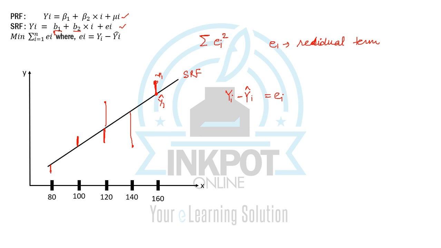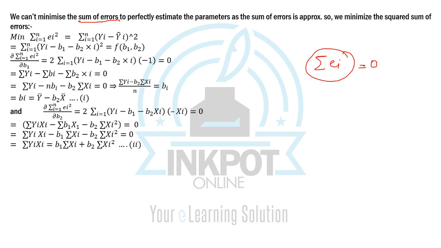So when you just add these values, the addition will approximately lead to 0, because some values may cancel each other and the resultant will become very small. That's why we minimize the sum of squared errors, not just the sum of errors. So we are minimizing summation ei square.